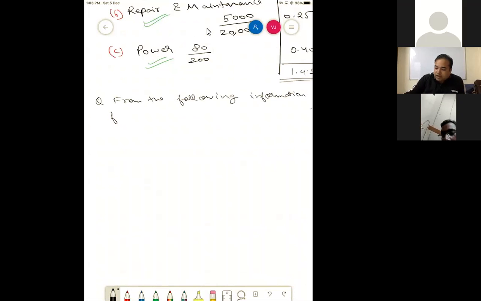Find out machine hour rate for machine number, let it be any number. So let us start with cost of machine, rupees 11,000.